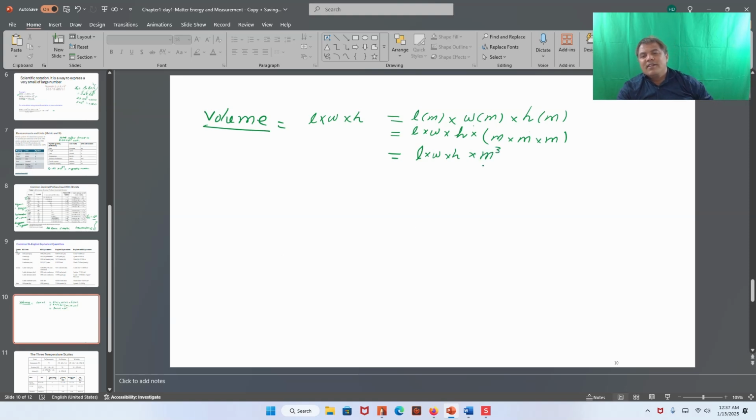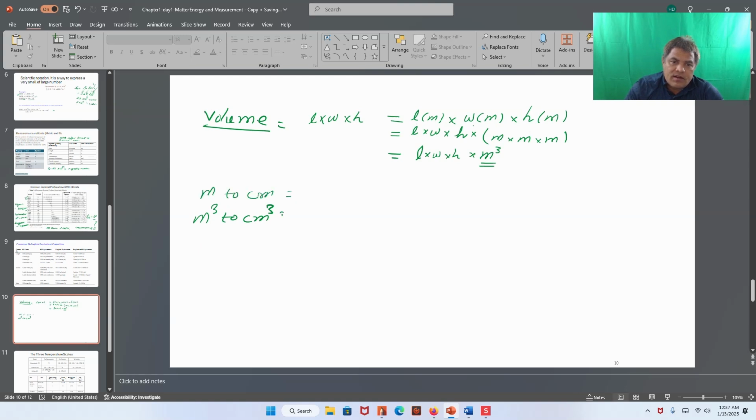See, this is the derived unit. So that's why it is meter cube. How do you convert that meter cube into centimeter cube? Before that, meter to centimeter.